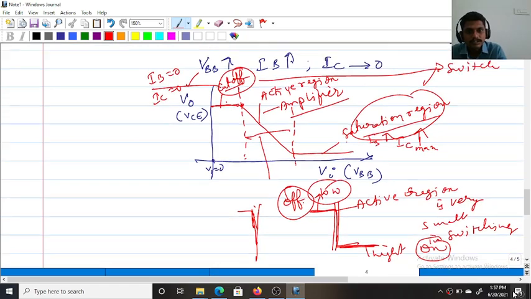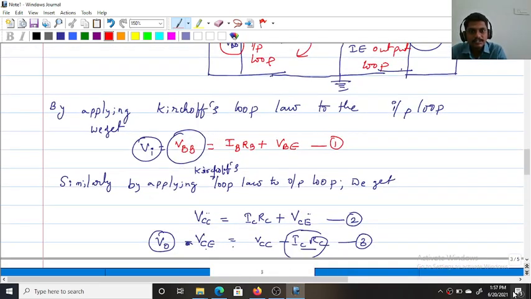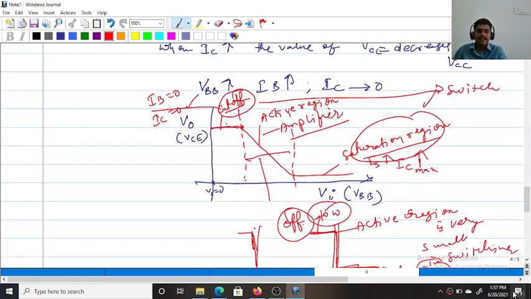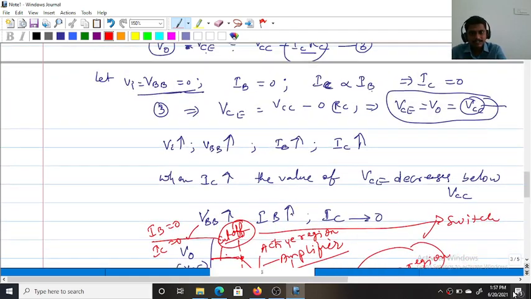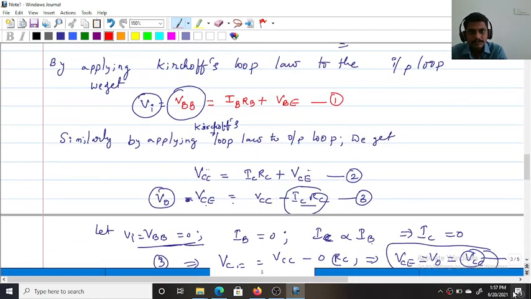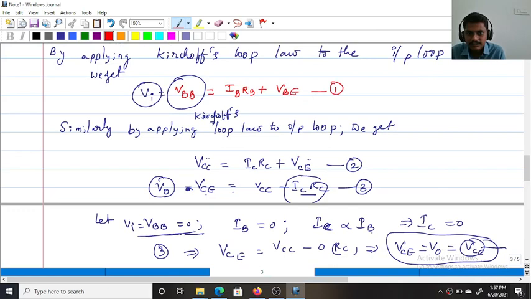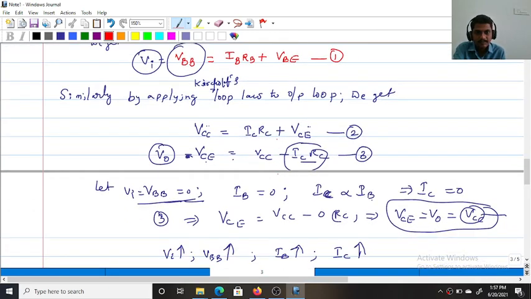Now, when the transistor is in the active region, only then does it amplify the signal. Here I will discuss how a transistor works as an amplifier.